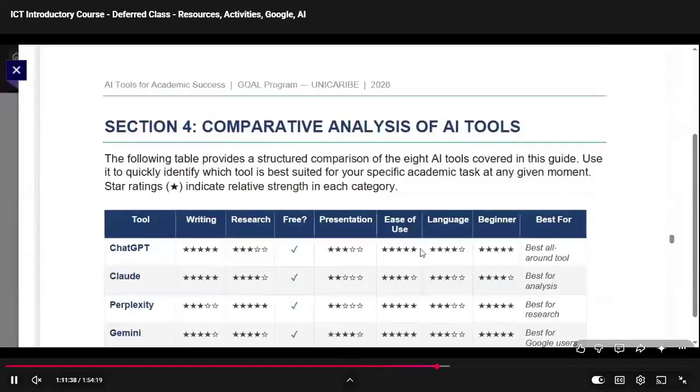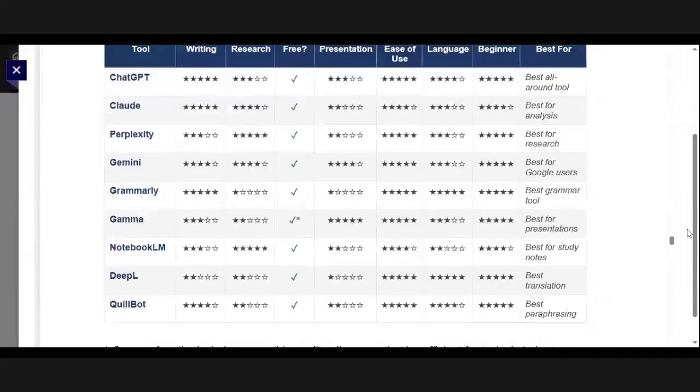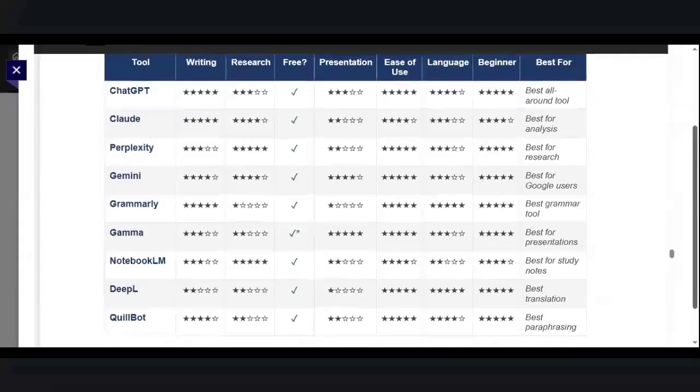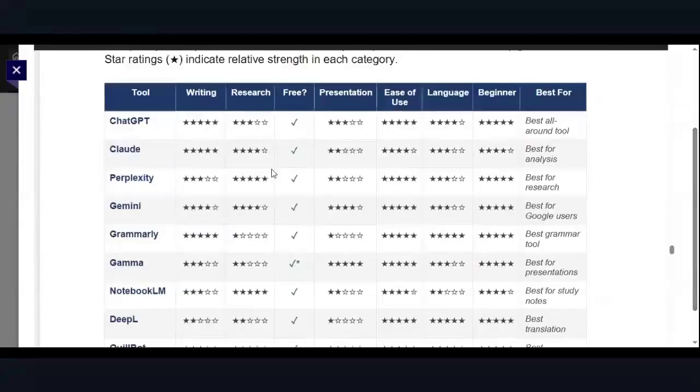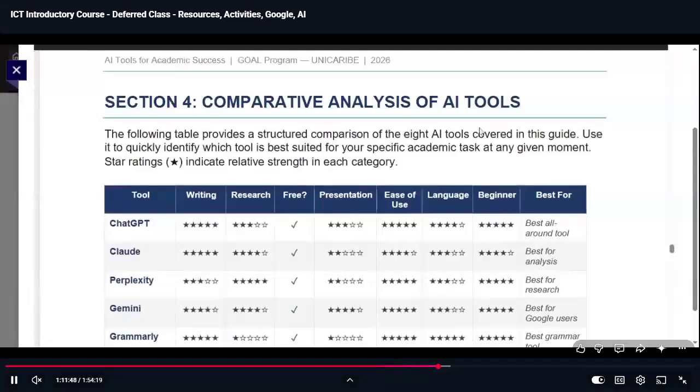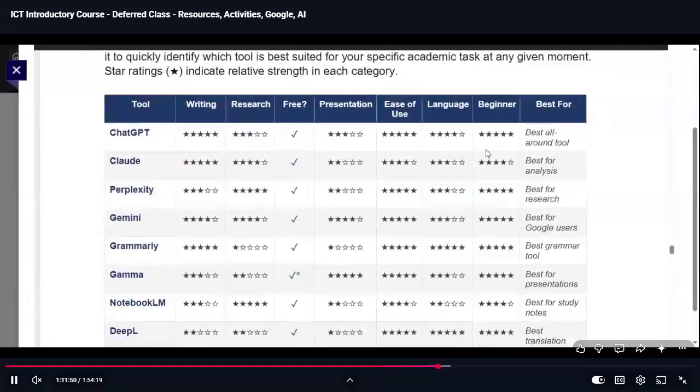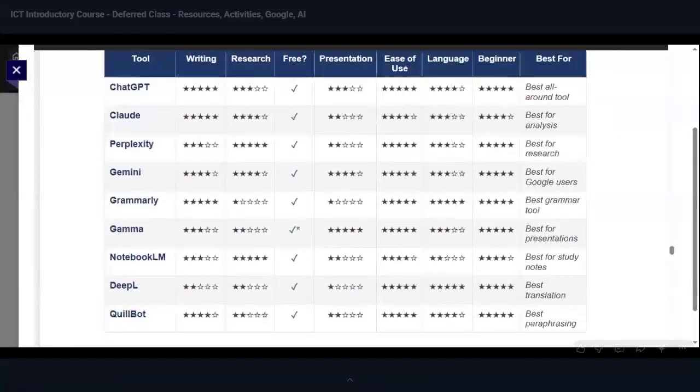There are AI tools that are specialized in some areas. For example, I'm going to give you the examples of what they are designed for.